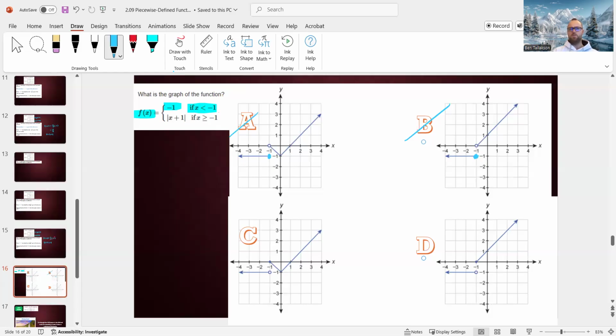Okay, which one do you think it is? Well, the easiest thing to look at first is right here because we can see these are not all in the same place, but for C and D, they're different, right?